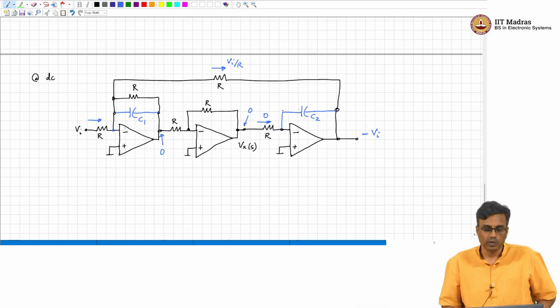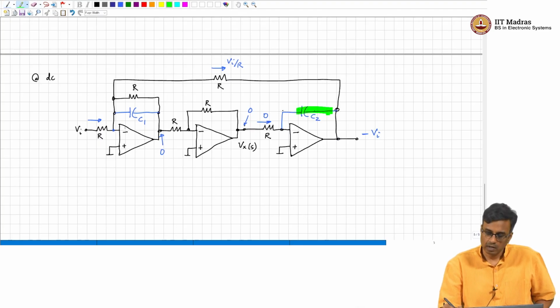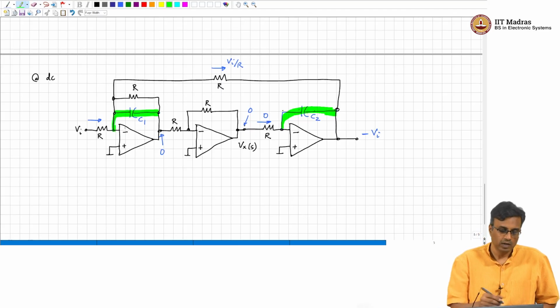At very high frequency, the capacitor is a short. So, at high frequency, this capacitance is a short, this capacitance is also a short, a very low impedance. What comment can you make about the output voltage?